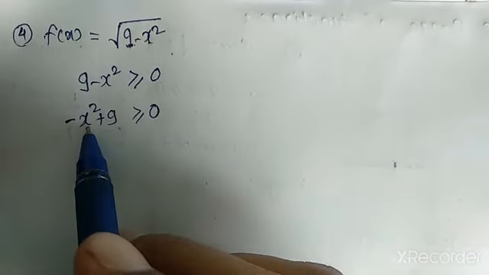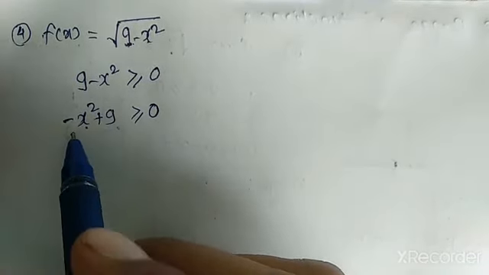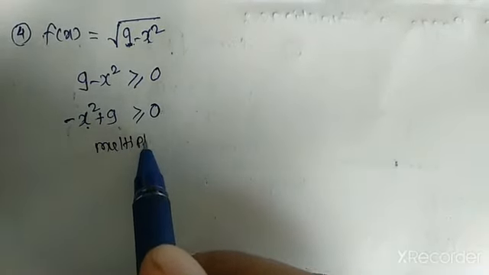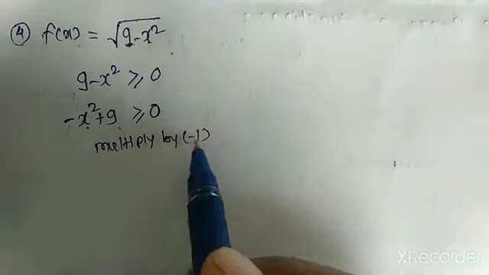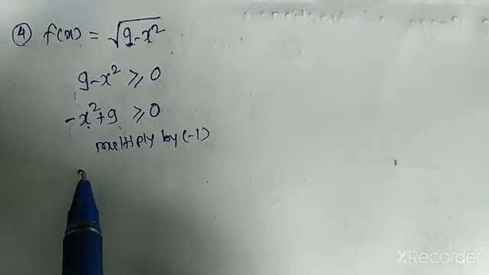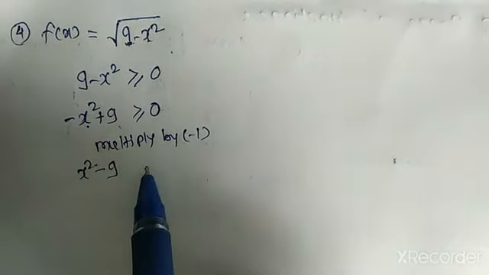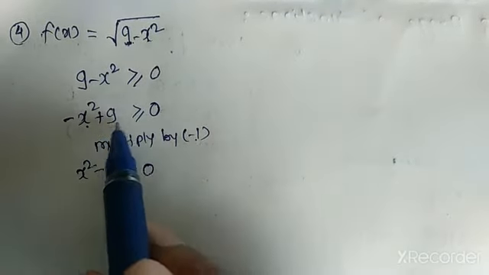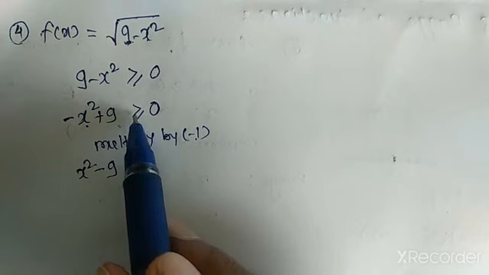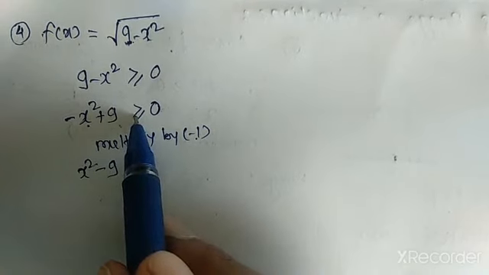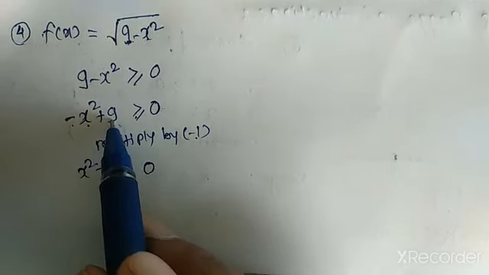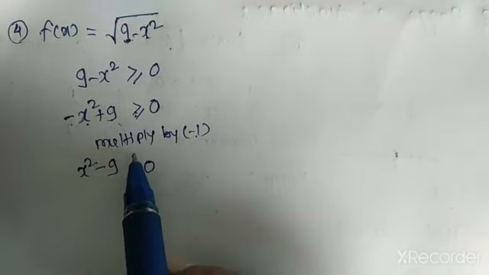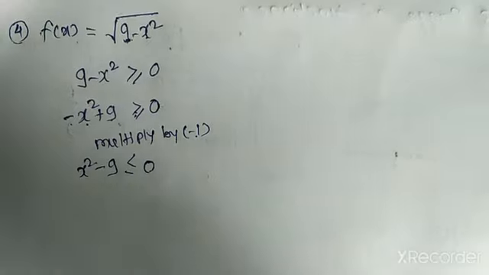Now we require x square as positive, so we multiply throughout by minus 1 on both sides. It can be written as x square minus 9, and here it is 0. When we multiply by a negative sign on both sides, minus x square plus 9 greater than or equal to 0 will become less than or equal to 0.